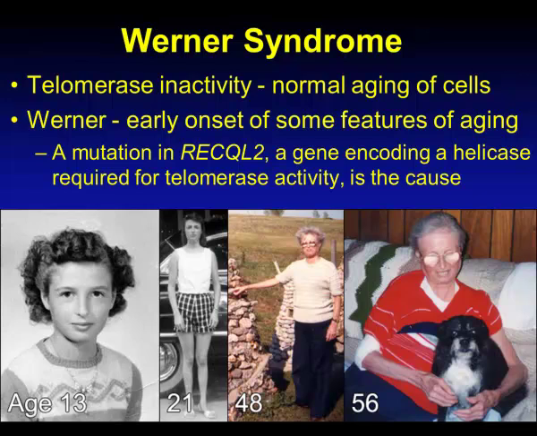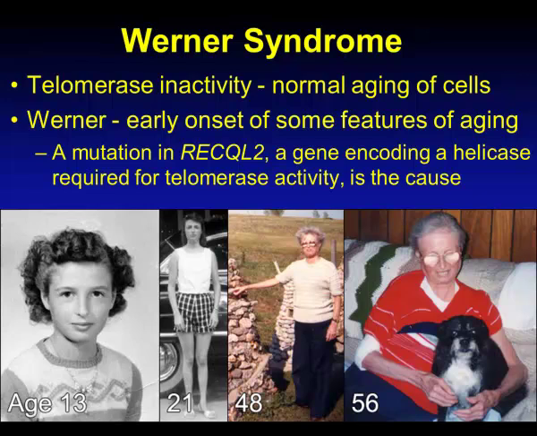By the time she's 48, she has Werner syndrome and looks like a much older person, maybe someone in their 60s. And by the time she was 56, she actually looked like someone who'd be in their 70s or 80s. We know the genetic basis of this syndrome, and it occurs not in the telomerase gene, but in a gene for a helicase that is required for telomerase activity.